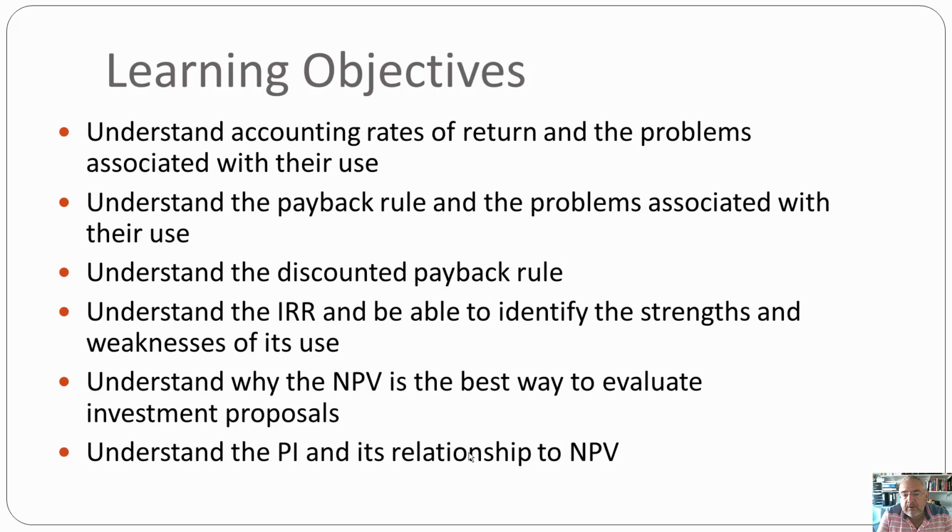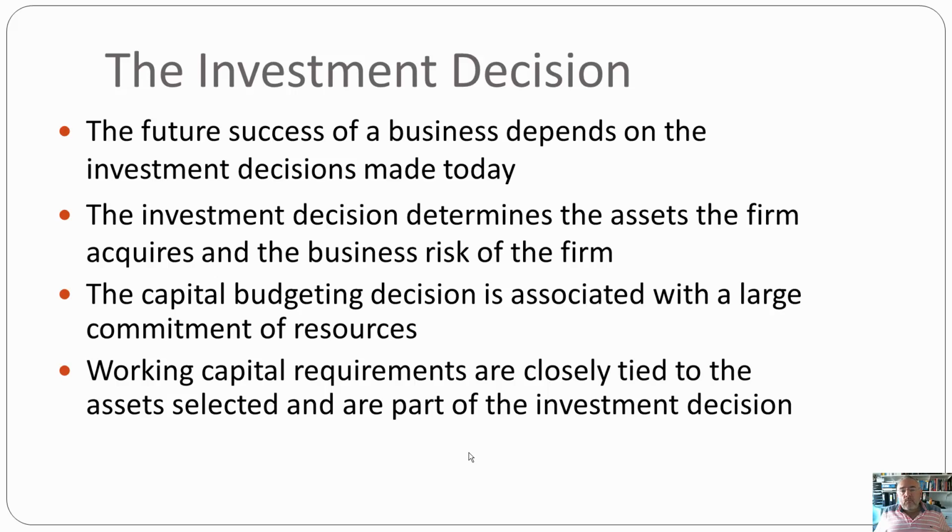And hopefully you'll get a feeling for why net present value is the best method. Even though internal rate of return is just a version of net present value, there is a subtle difference that means that you should really be using net present value instead of internal rate of return. Okay, so we're going to look at a few others.